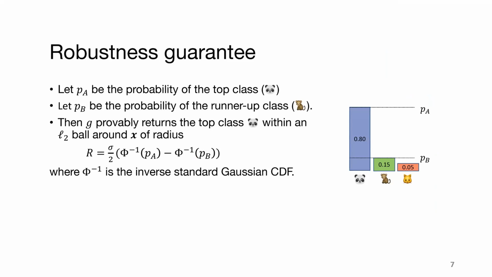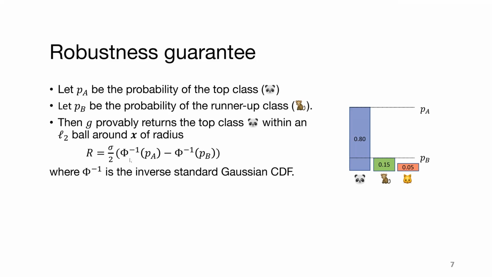Mathematically, if we denote PA as the probability of the top class and PB as that of the runner-up class, the radius of this test example can be calculated using this formula.